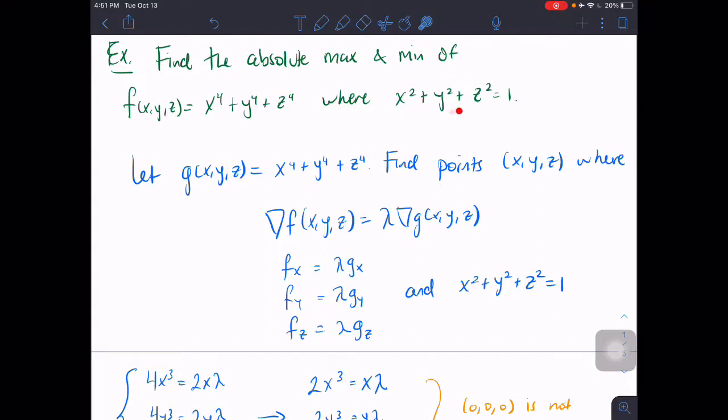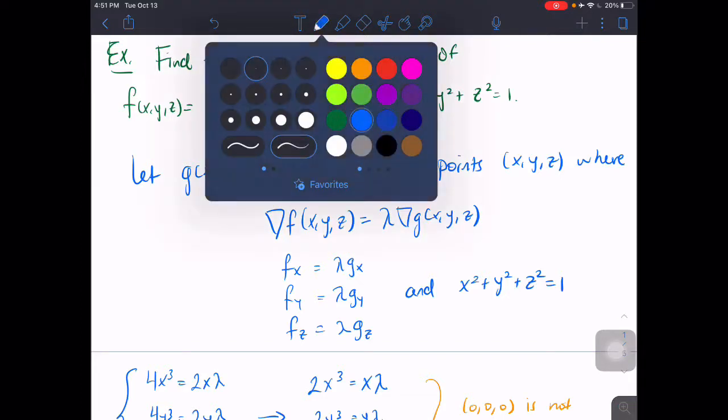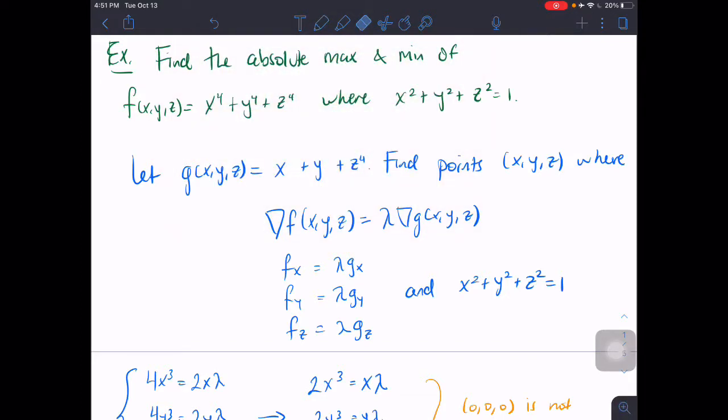As we did before, here's my constraint equation. I'm going to let the side with all my variables be the constraint function g. Whoops, I wrote to the fourth here. These should all be squared. Good.